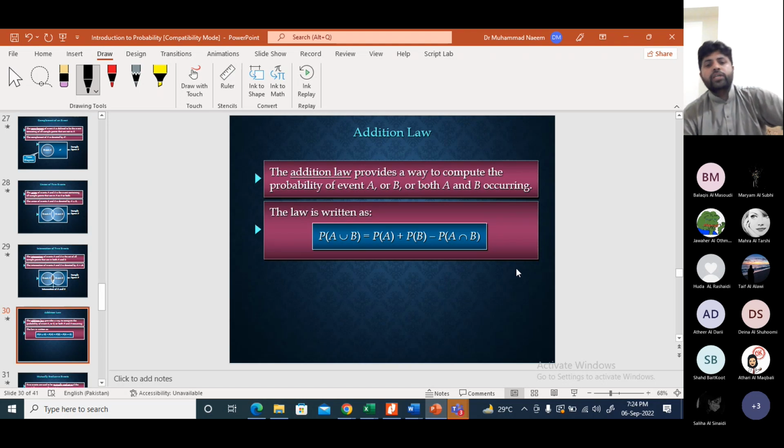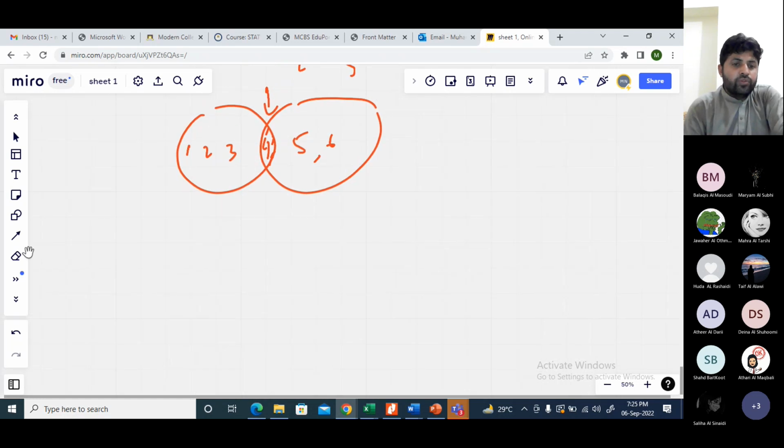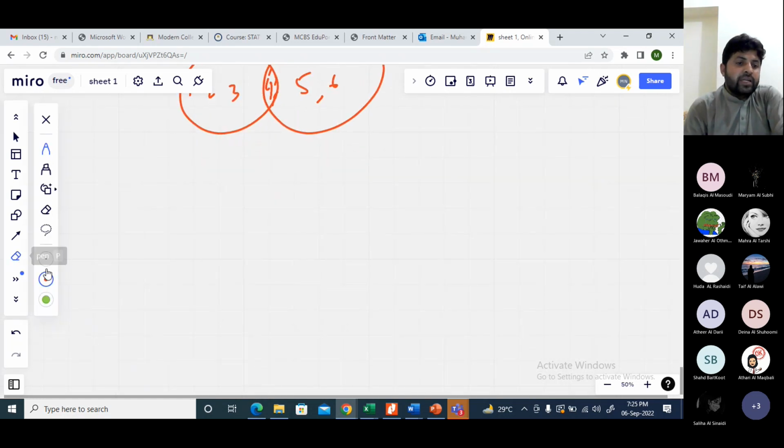And now we are moving to the addition law in terms of probability. The addition law is probability of A plus probability of B minus probability of A intersection B. This is the very normal addition law. Your probability increases when the addition of two events is involved.